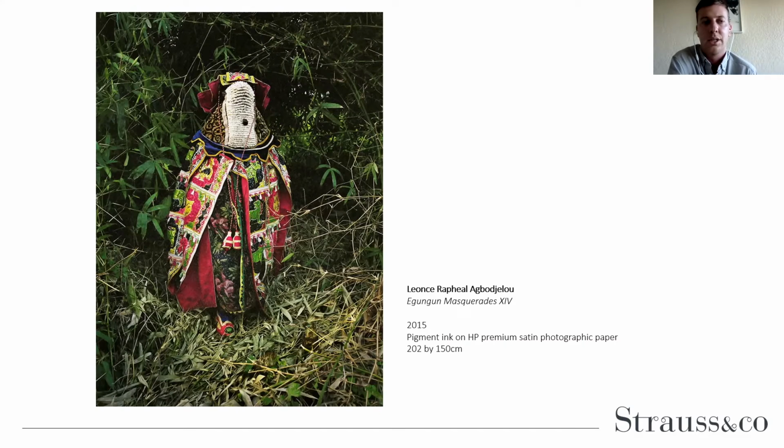As a collection, if we can collect deeply and collect full series of works to be representative of the artist, it's very important to us. I think it gives a good overview and a good representation of what the artist is trying to do. So, specifically with Léonce, if we can collect deeply within an artist's practice, either in a series or over the artist's career, we try to do that as much as possible.